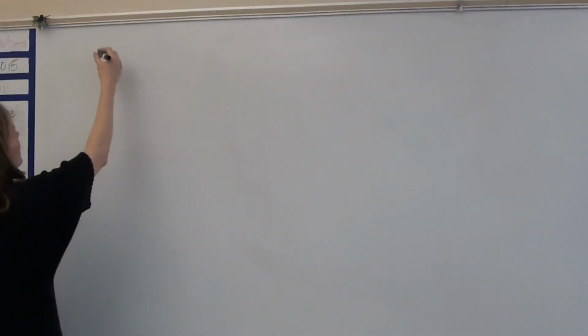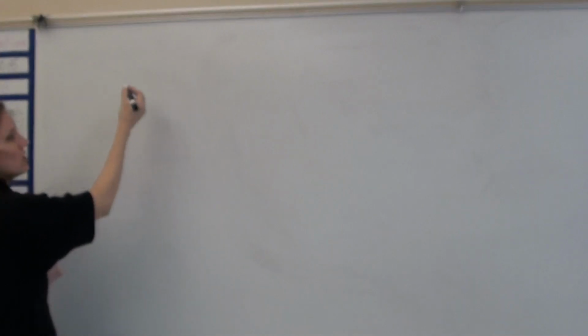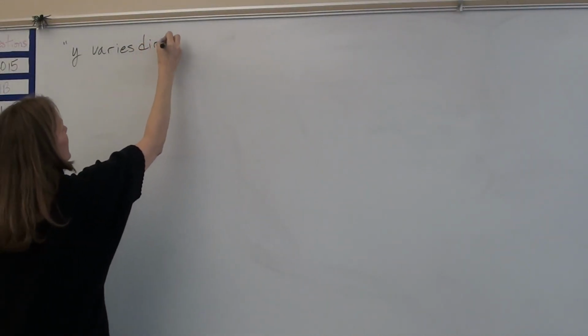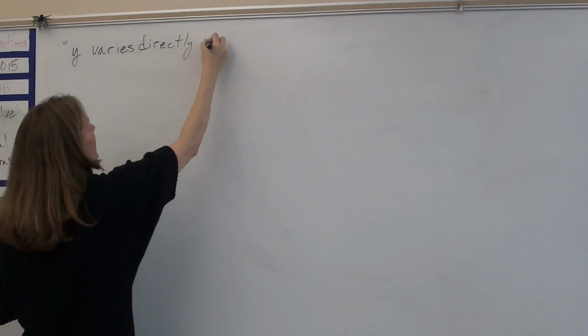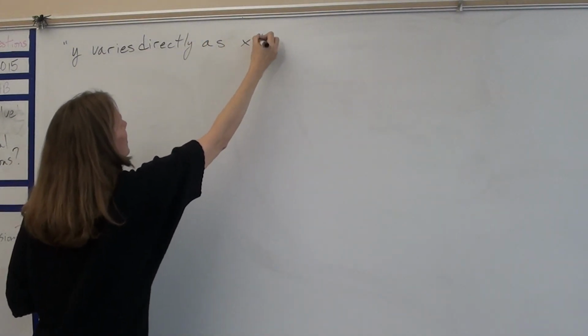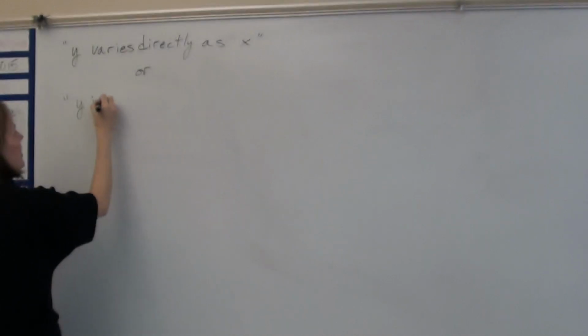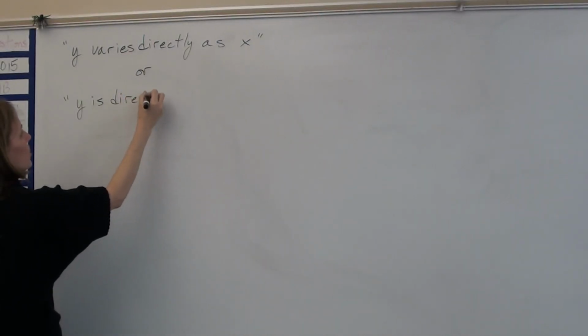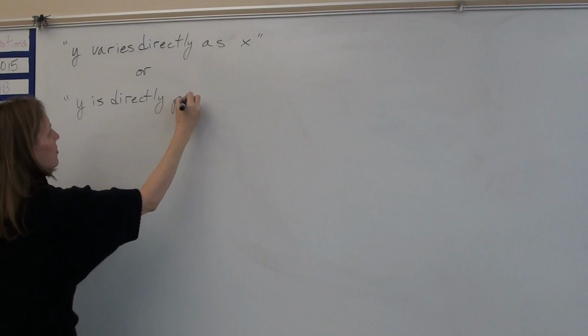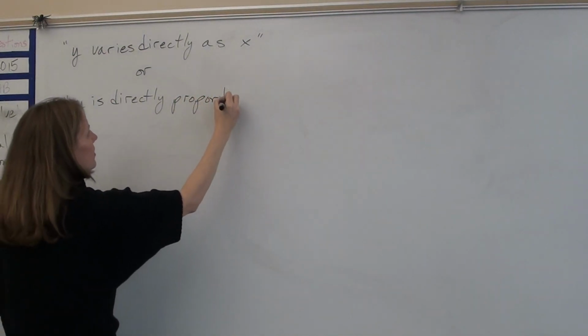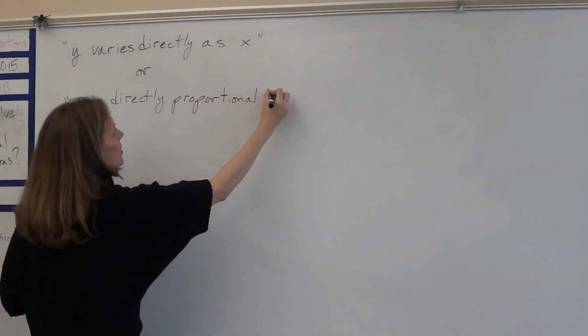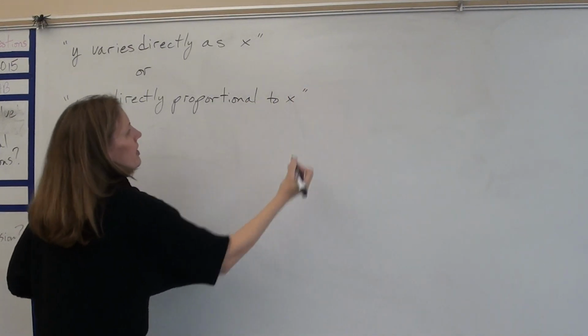So the first thing is to understand what you need to write when you see the phrase of something like y varies directly as x, or the phrase y is directly proportional to x.